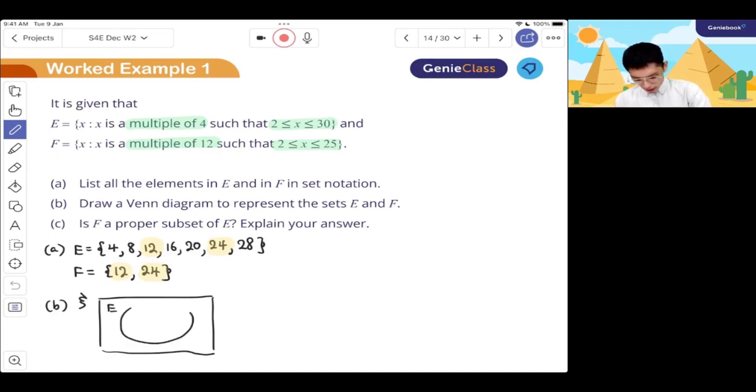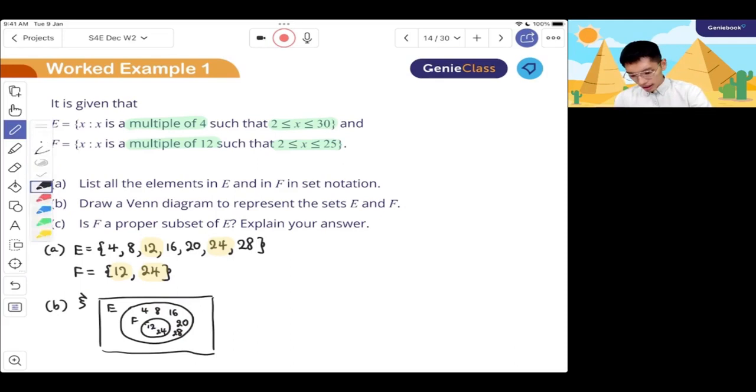Let me fill in my numbers. F is going to be my smaller set containing 12 and 24, whereas the rest is going to be 4, 8, 12 is inside already, 16, 20, 24 is inside, followed by 28. So it's going to be 12 and 24, and then the rest of them in E are outside.